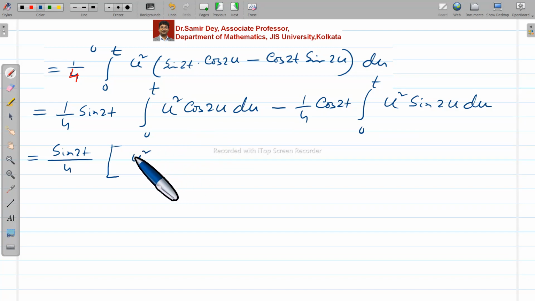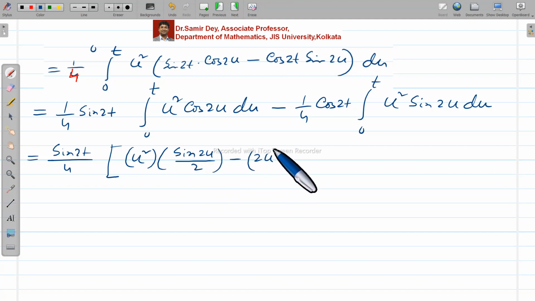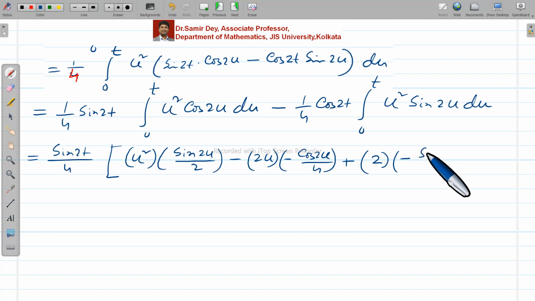So please write down u square, integration of this, that is your sine 2u by 2, minus derivative of it, that is your 2u, integration of it, that is your cos 2u by 4, plus derivative of it, that is your 2, integration of it, minus sine 2u by 8.